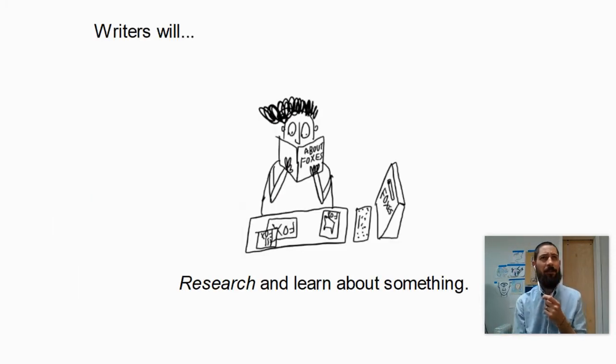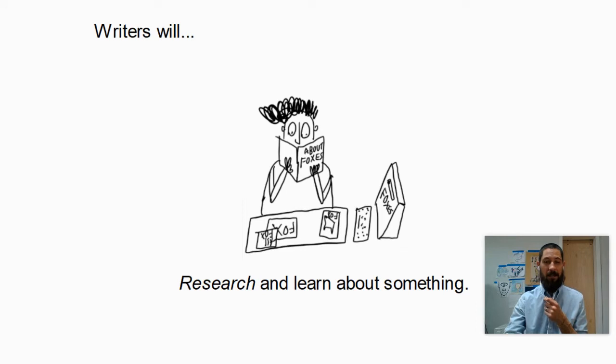What does informational text look like when we write it? Well, writing takes a lot of practice, and it's a process, right? We don't just sit down and write a super great story or teach somebody something the very first time we sit down. We have to think about it. And so the very first step of writing informational text is researching and learning about something, right?